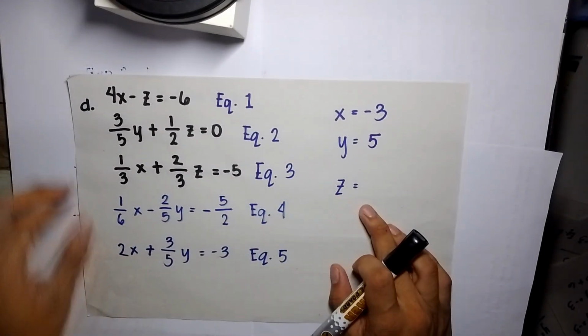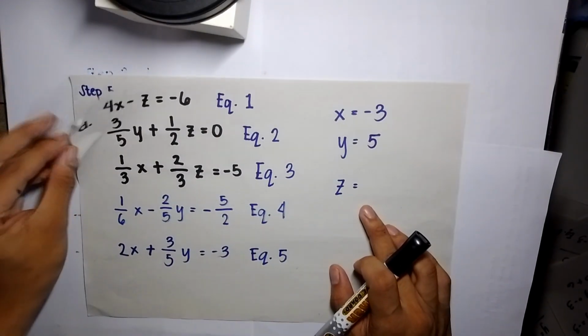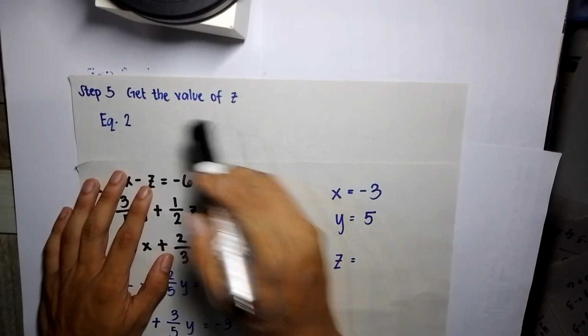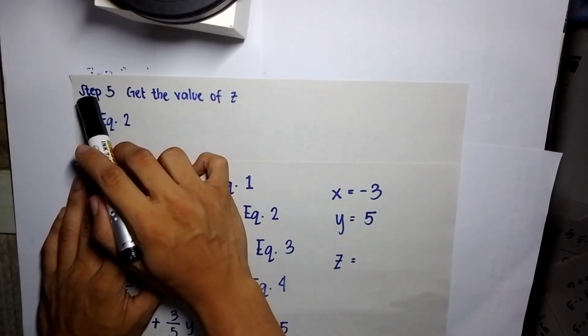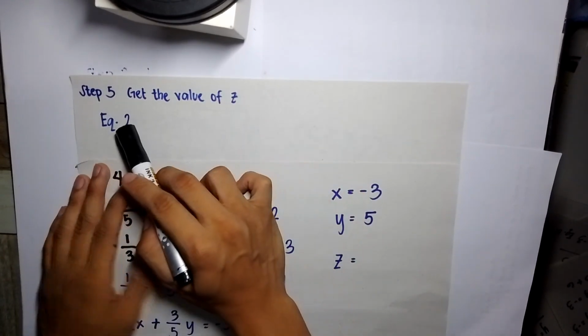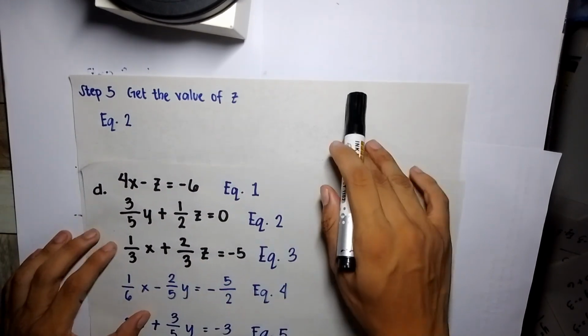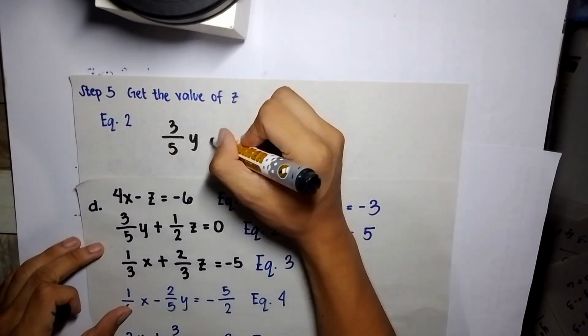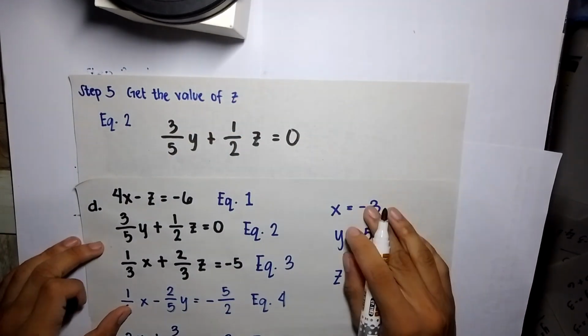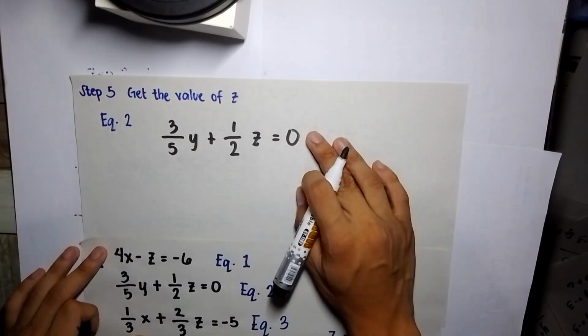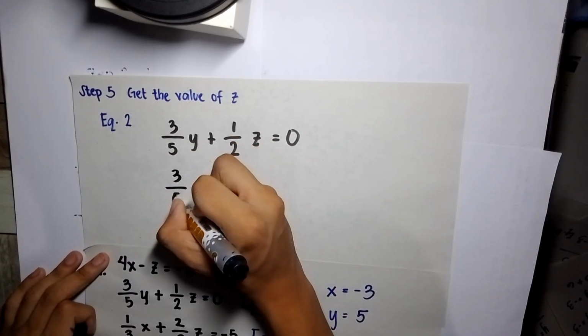Now, we need to find the value of z. Get the value of z using equation 2. Substitute the value of y.